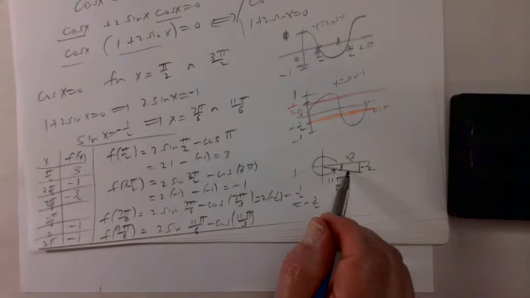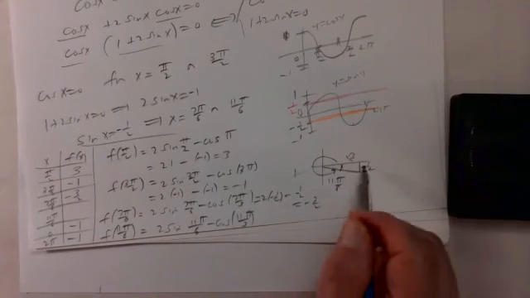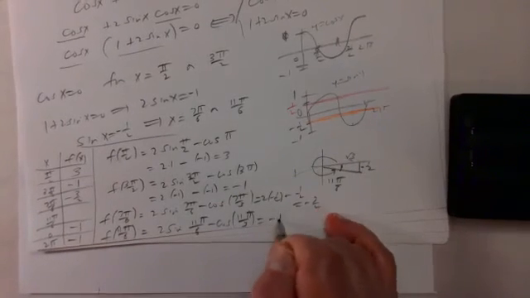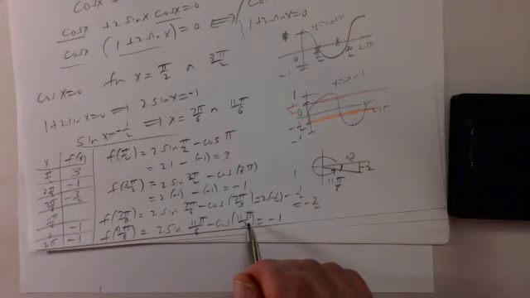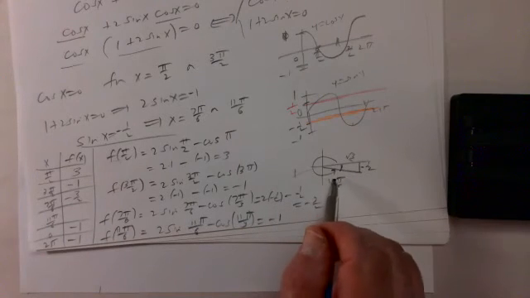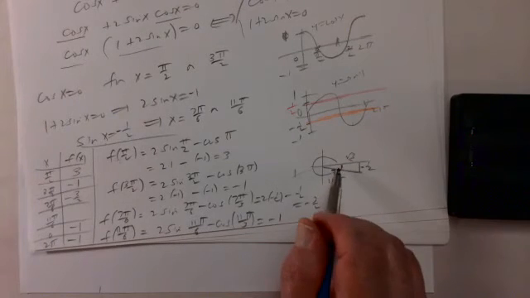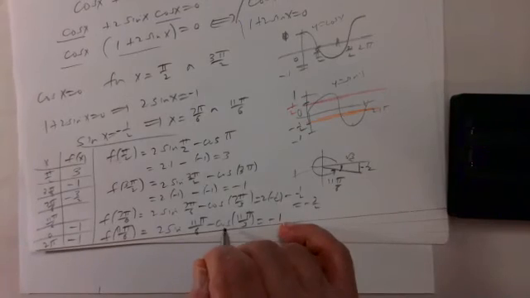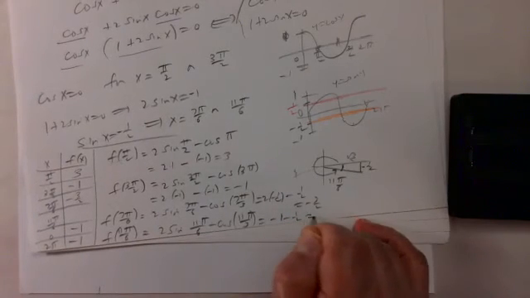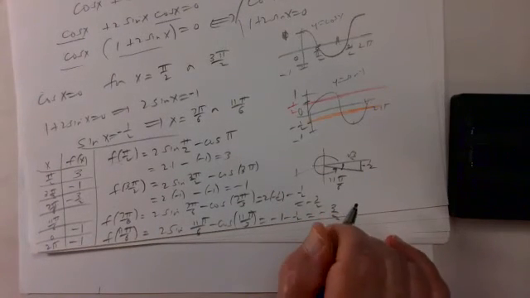For 11 pi over 6, we saw we have minus a half. So this is minus 1. Cosine of 11 pi over 3, it's like minus pi over 3. That's plus a half. So minus another a half is minus 3 halves.